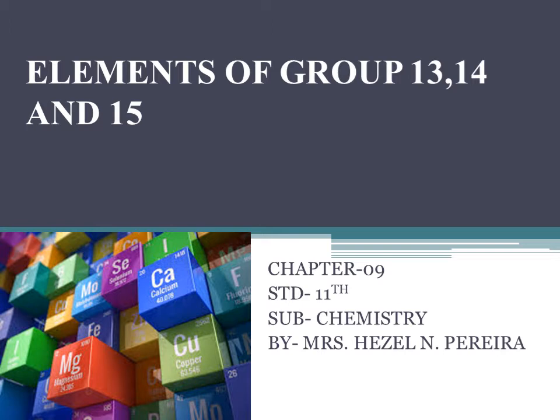In that way, the oxidation state of group 13 was found to be plus 3, of group 14 plus 4, and of group 15 plus 5. They also exhibit another oxidation state, group oxidation state minus 2, which is lower than the group oxidation state by 2 units.